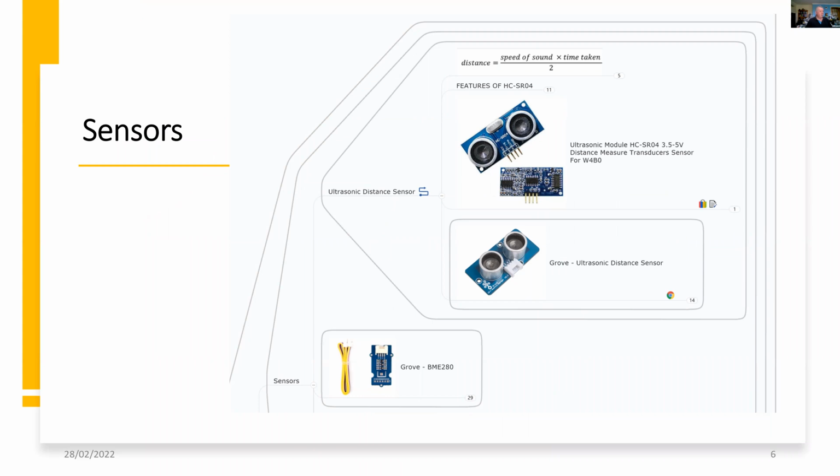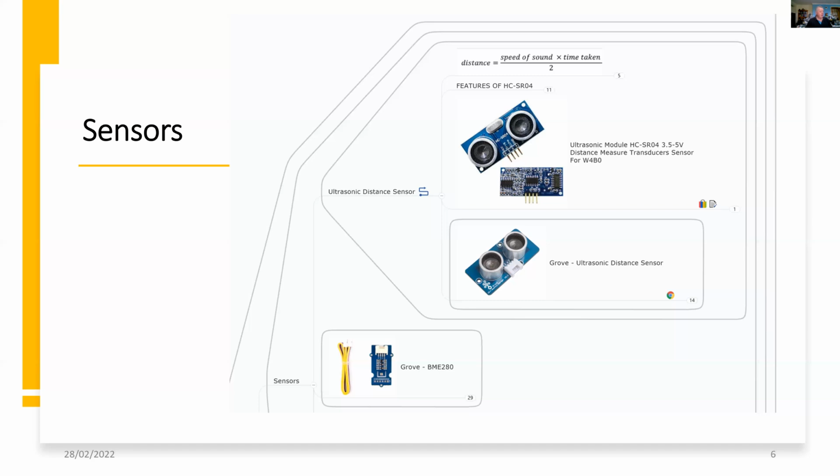So the sensor we'll be using is an ultrasonic sensor, and you can buy versions of these for about $4 on eBay. We'll be using the Grove ultrasonic distance sensor, and that comes with your Bit Gadget kit. So open up your Bit Gadget kit and see if you can find it, and get ready to plug it into the bitmaker board.